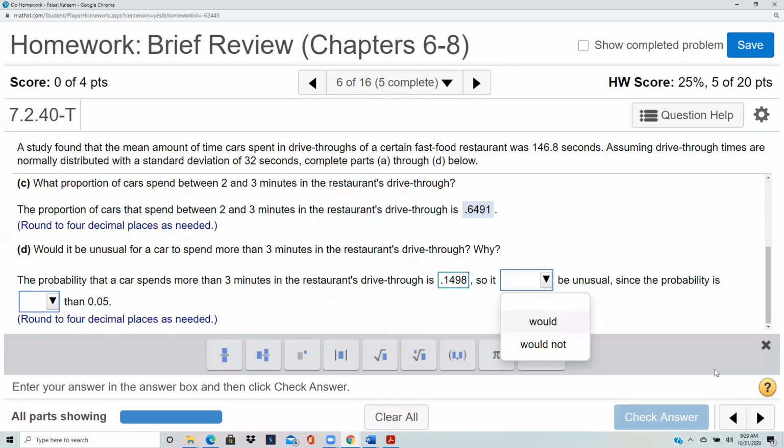Isn't it 5%, right? So what does it have to be to be unusual? Less than 5% or more than 5%? Isn't it more? No, less than 5% is unusual.